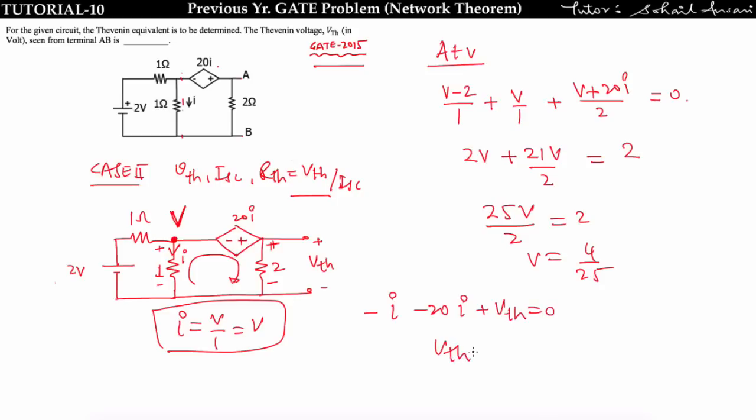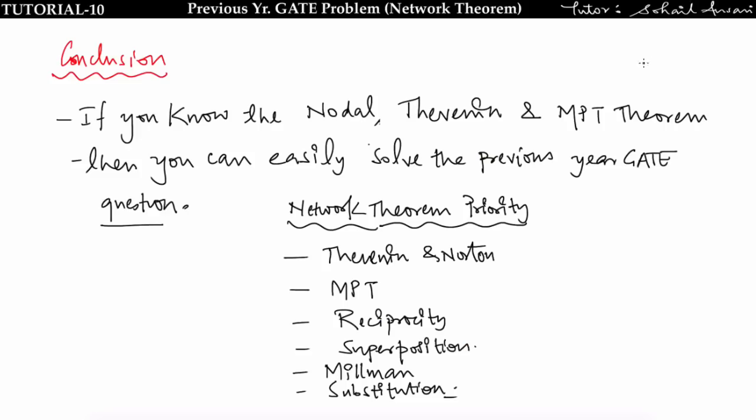Hence VTH is equal to 21I and I is equal to V. You know this, I is equal to V, so 21 into 4 by 25, that is equal to 84 by 25 volt.